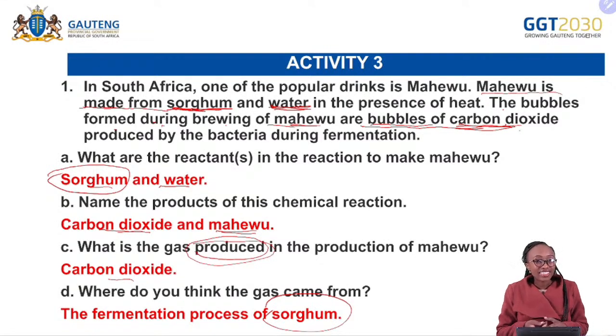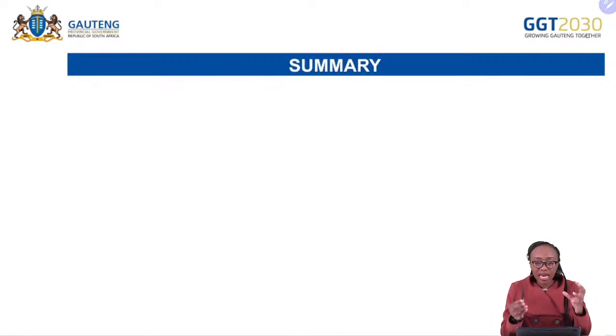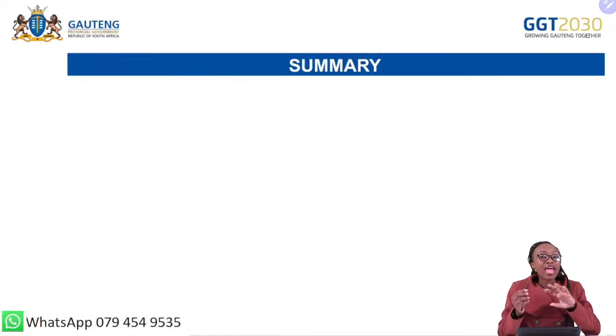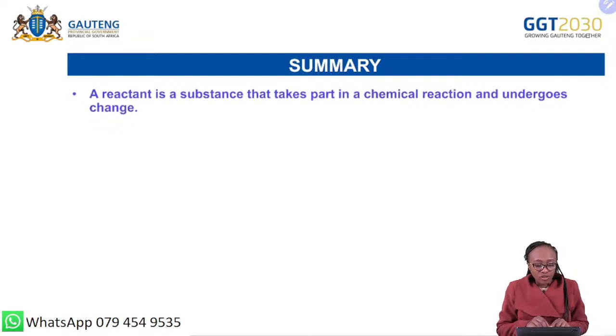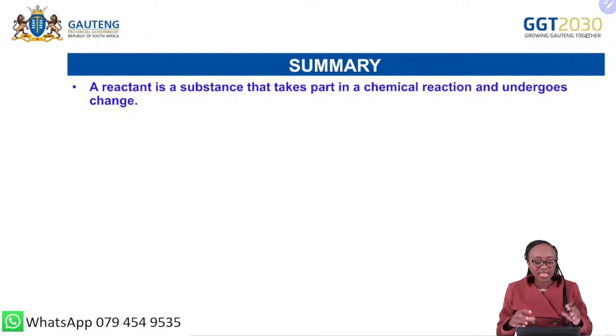Okay, grade 8 learners, now let's move on to the summary. So now we are going to bring everything together, everything that we have learned in today's lesson. Let's summarize our lesson. So firstly, we learned that a reactant is a substance that takes part in a chemical reaction and undergoes change.